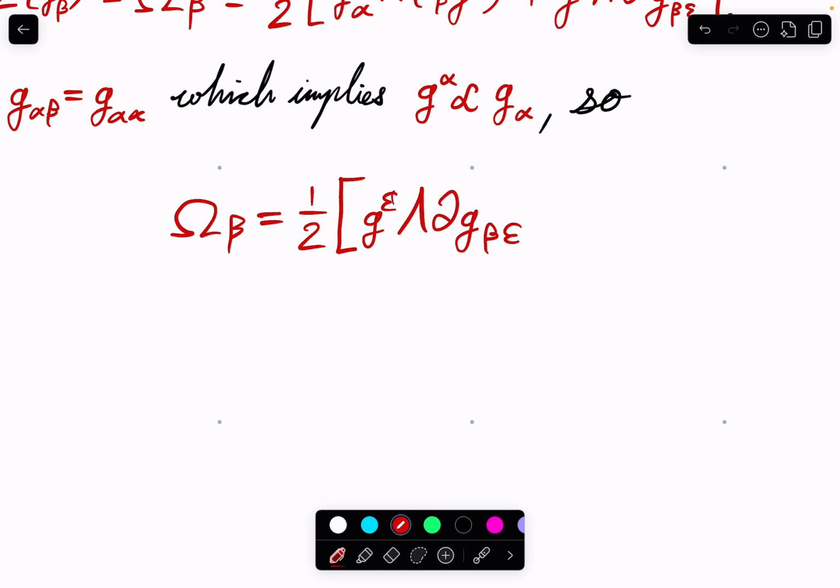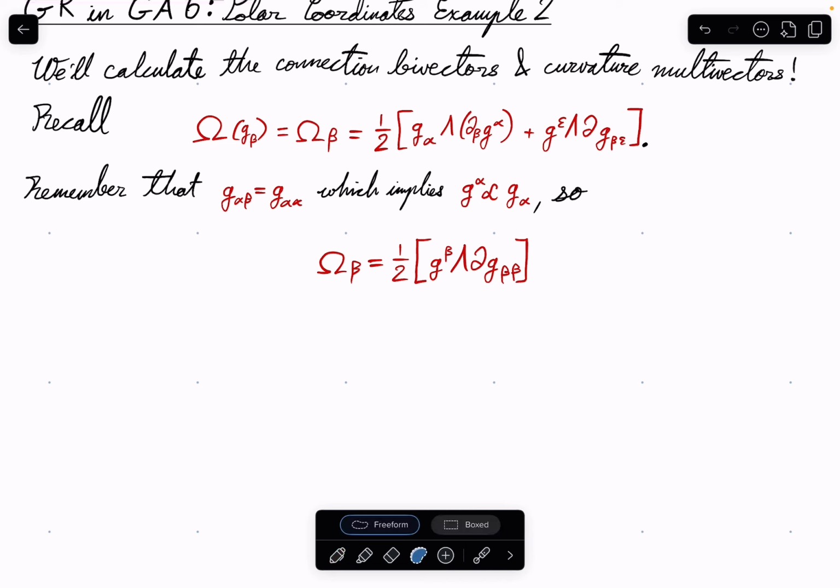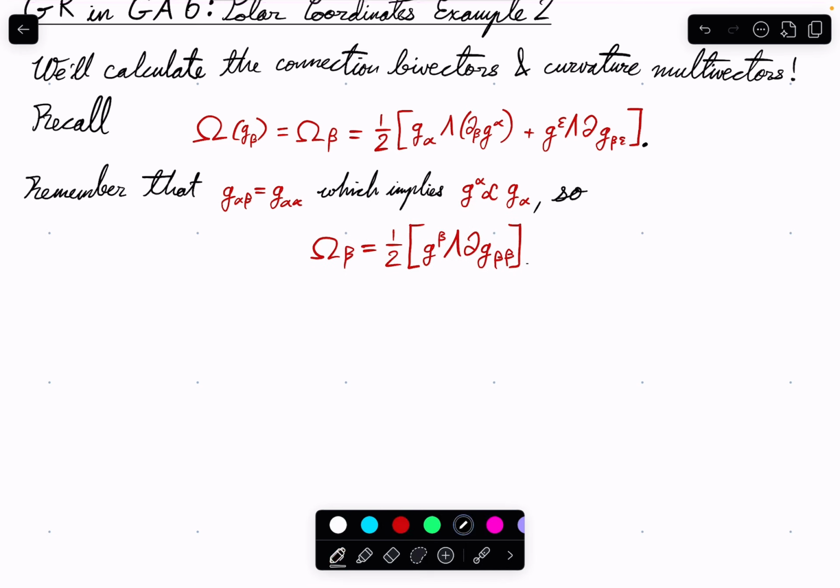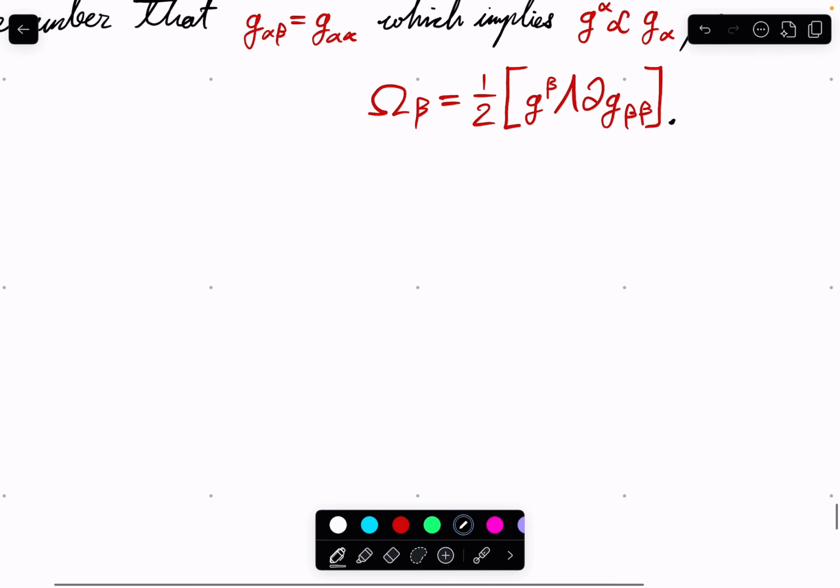So in reality, this is just g^beta wedge partial g_beta beta. Now, therefore, the calculations are easy to perform.